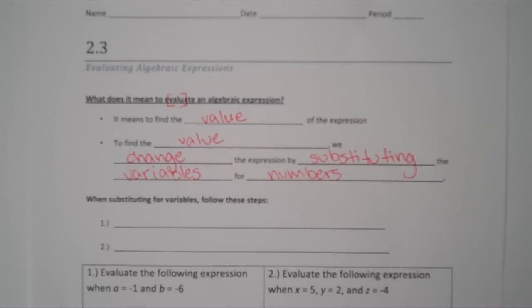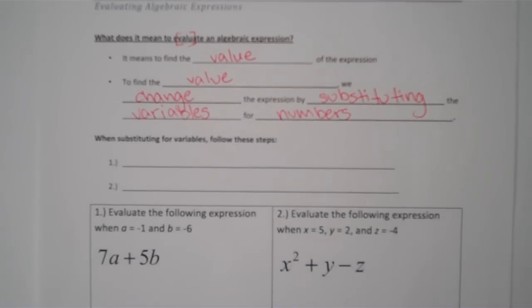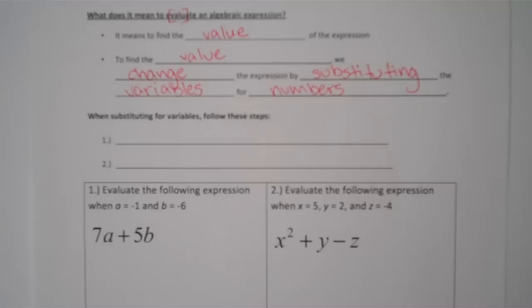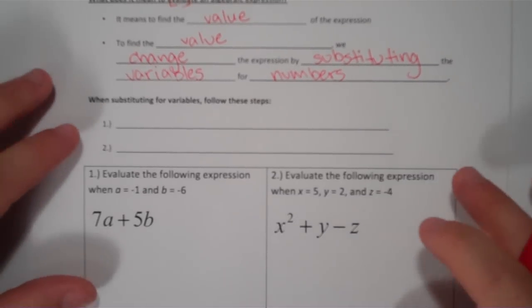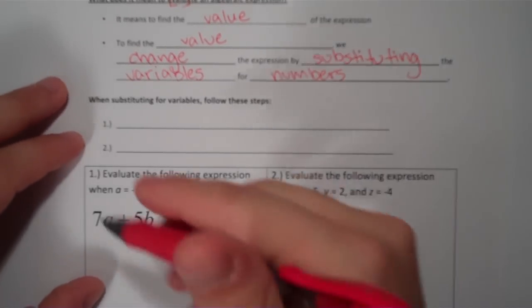Okay? So in other words, you're going to have an expression, and then next to that expression, or at the end of the question, they're going to say, what is the value of this expression? Or evaluate the following expression when a equals 4, or when x equals -3, and so on. So before we do a couple examples, when substituting for variables, we have to follow these steps.